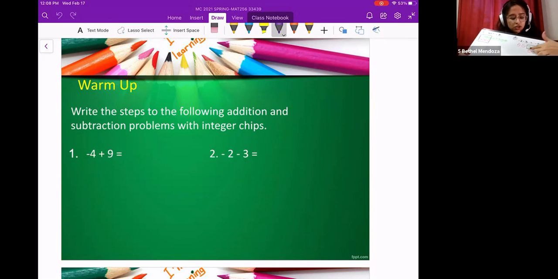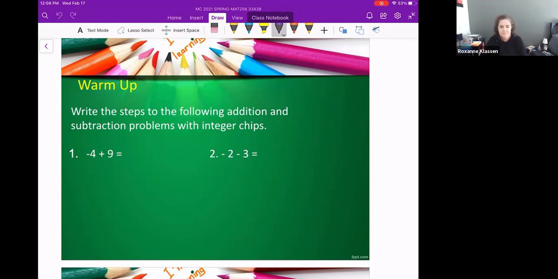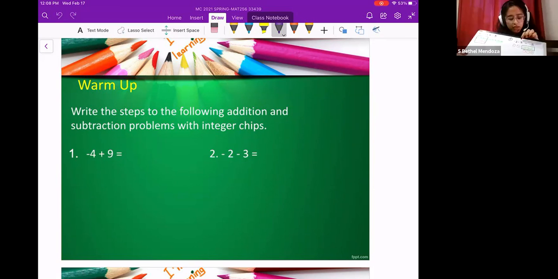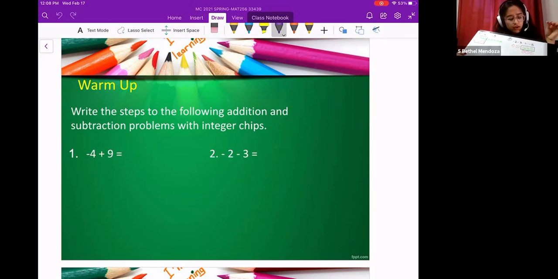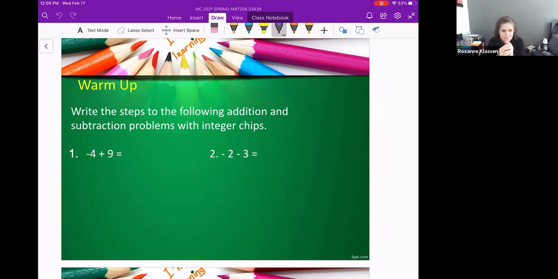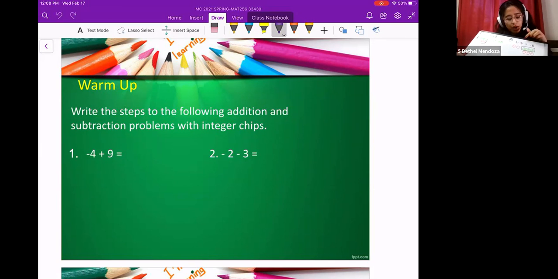And so I put down 2 negative chips. And then I see that this integer is between 2 numbers, so I know that the 3 is a positive 3. So I have to take away 3 positive chips.